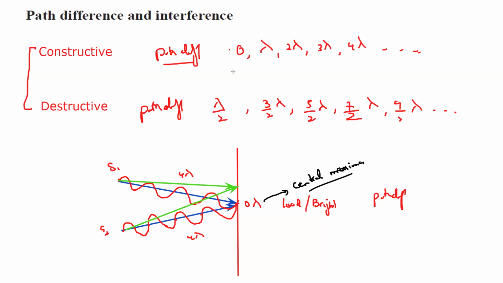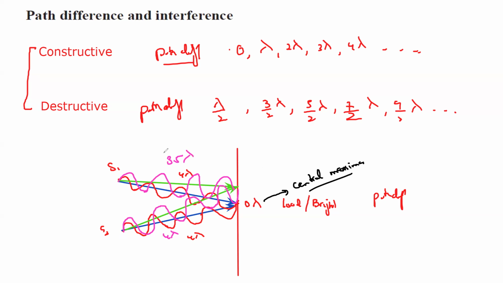As the two waves travel, one travels 3.5 wavelengths and the other travels 4 wavelengths. It will be more than 4, but just an example.